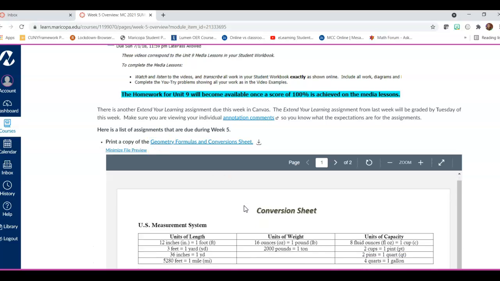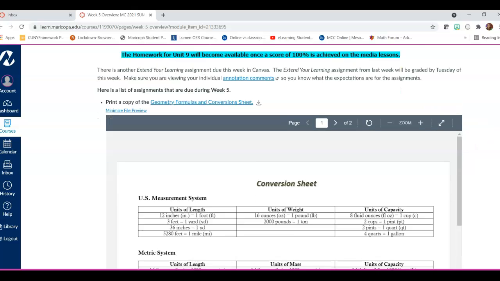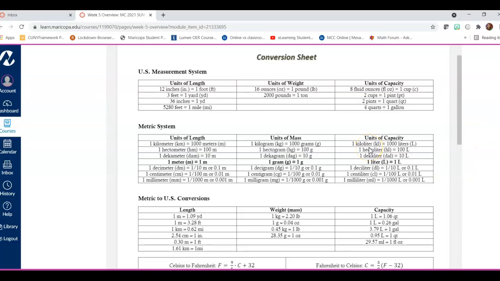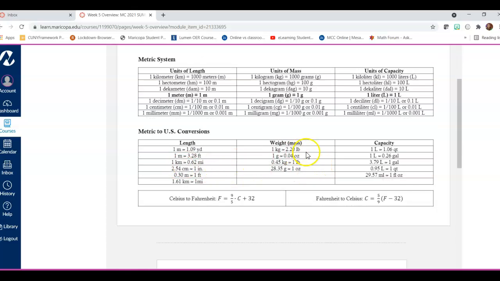So I just want to give you a brief preview of what it looks like. On the first page, it's all the conversion factors you would ever need for converting either within the US measurement system, within the metric system, or from one system to another. So you can see our conventional US system, then you can see all the units for the metric system, and then you can see the conversion factors for going from metric to US.